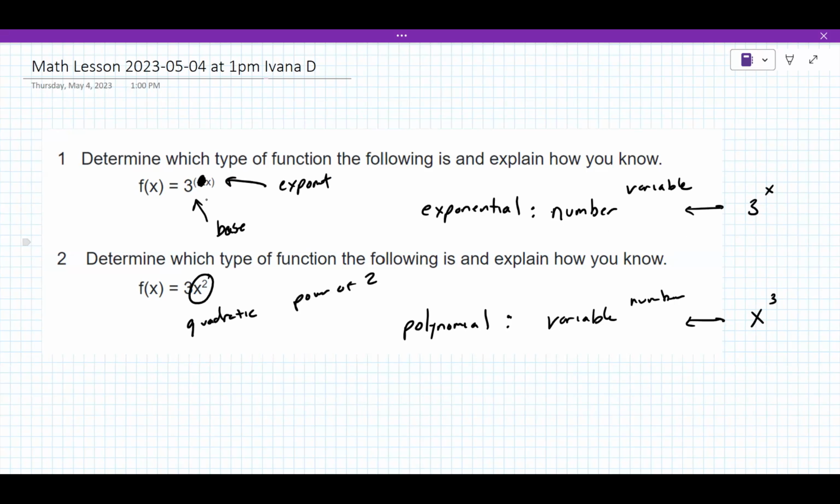When the exponent is a variable or has a variable in it, then it's exponential. Okay, I got it.